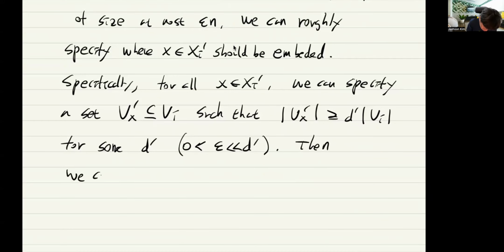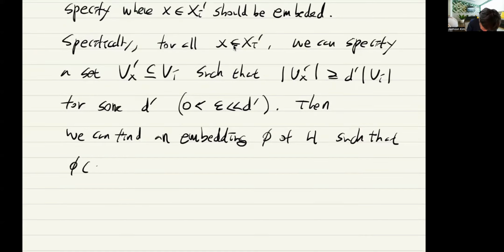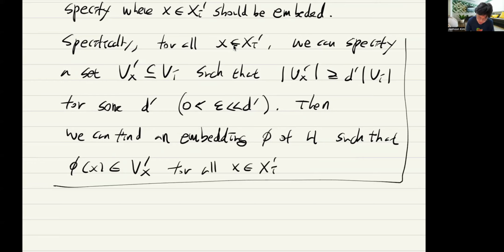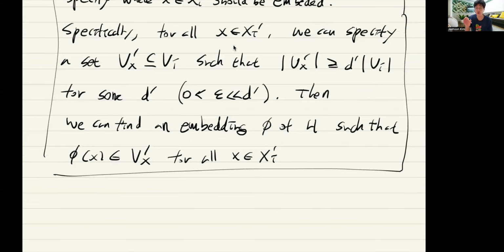Then we can find an embedding pi of H such that the image of this x is indeed in V prime x, for all x in this X prime i. So what it says is that for some small number of vertices, you can even specify where it should go.